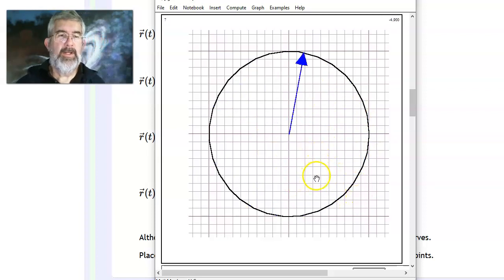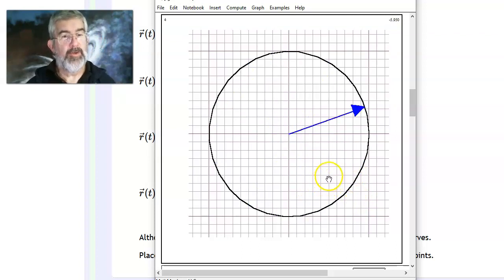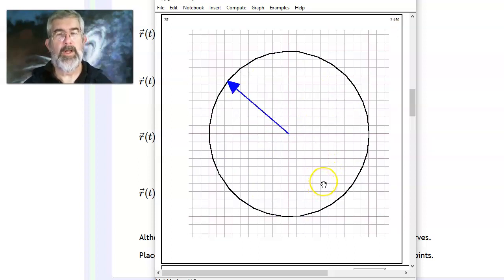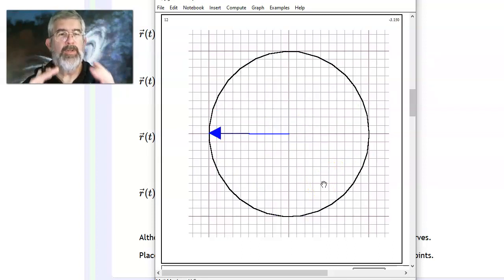Now, to me, there's two very different objects here. There's the circle, which can be described by the equation x squared plus y squared equals 1, but that's a static thing. It's a set of points in the plane that just sits there.